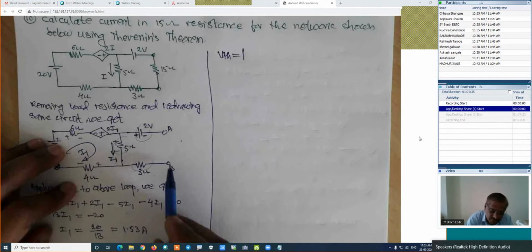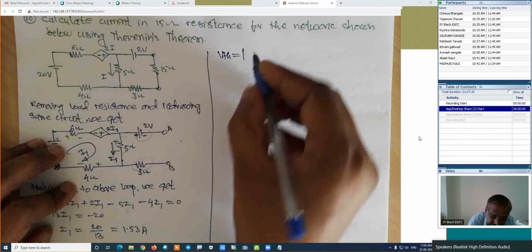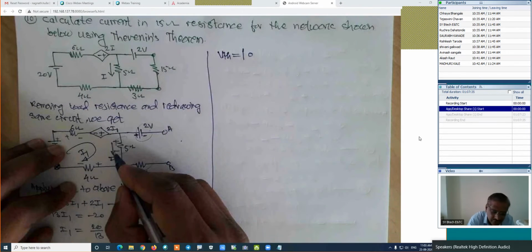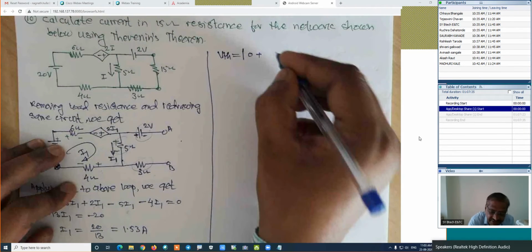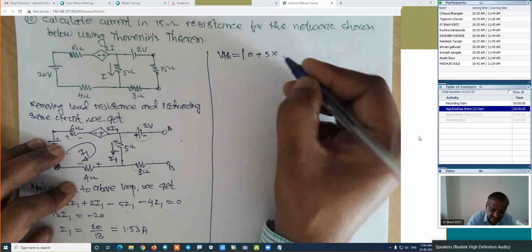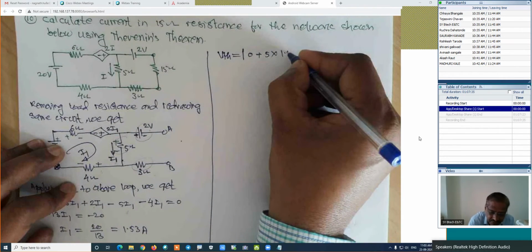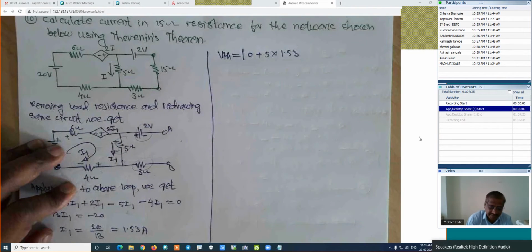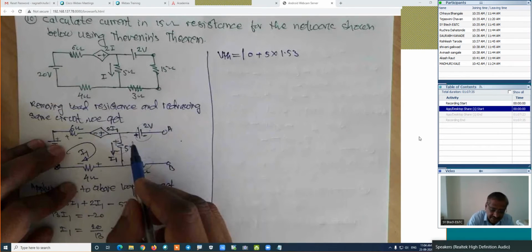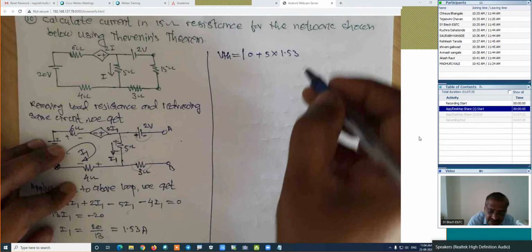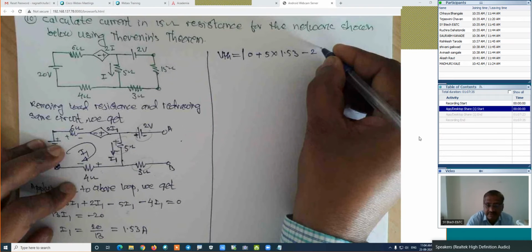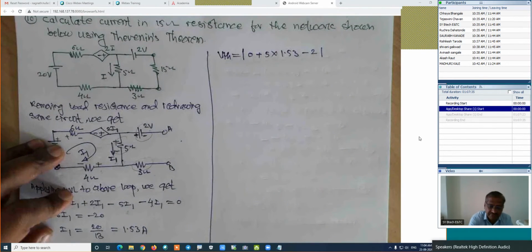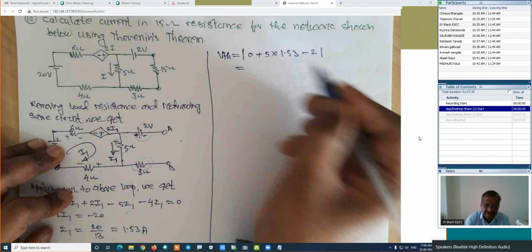We will travel from the B towards A, this potential, which is 0. Then we are traveling upward, negative to positive, which is a plus. Its resistance is 5, its current is I1, which is 1.53. Then we are traveling towards A, positive to negative, which is minus 2. This is the value of VTH, which is equal to, how much is this value?